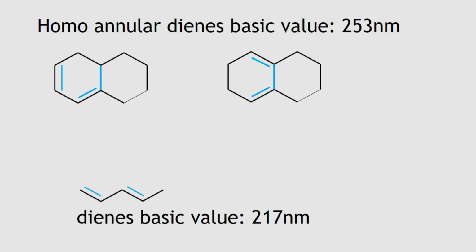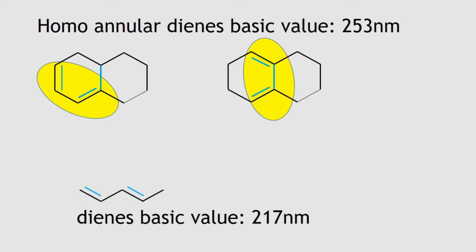Homoannular diene exists as a cis structure, and due to the shorter distance between the ends of the chromophore, this conformation gives maxima at longer wavelength but with lower intensity than the absorption maxima of a trans diene, which we can consider as a heteroannular diene. Here there are two examples of homoannular diene, in which you can see both the conjugated bonds present in the same ring.